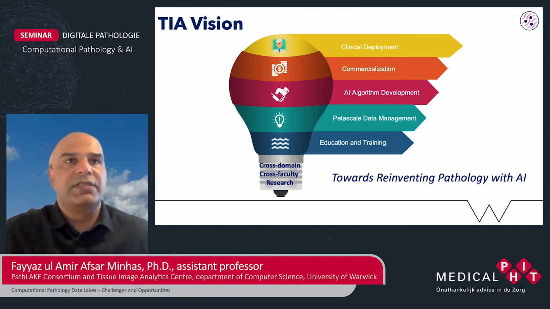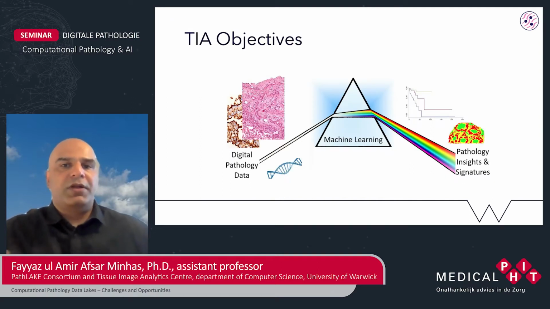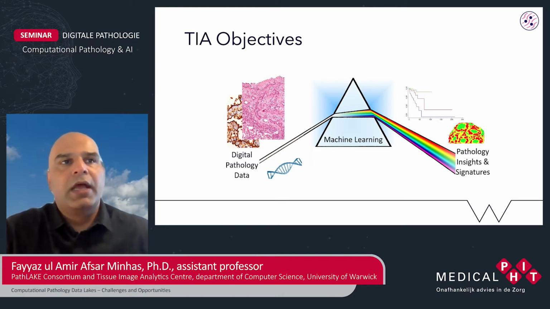If you ask what is the goal of our center, I can summarize it on the slide that you see on your screen. We take in digital pathology data, that being images, as well as other information such as genomics and transcriptomics.